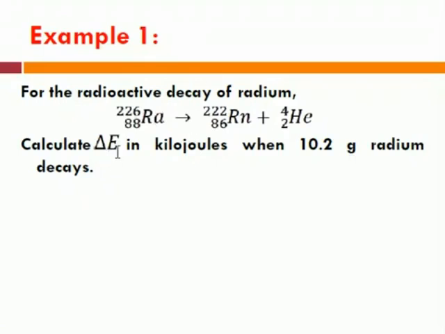Calculate the delta E in kilojoules when 10.2 grams radium decays. So we have the equation. Given the equation, radium-226 undergoes alpha decay, because we have an alpha particle here in the product side.